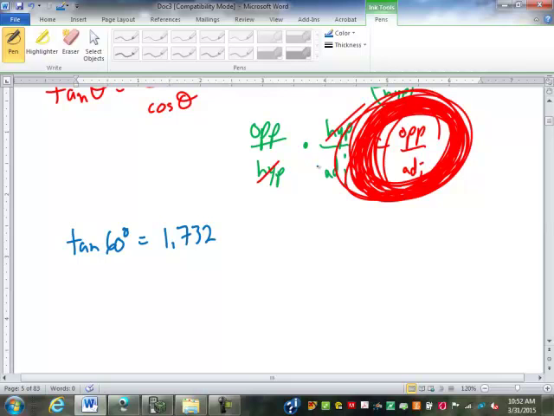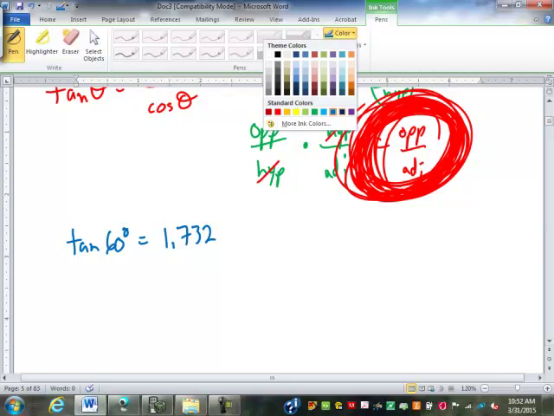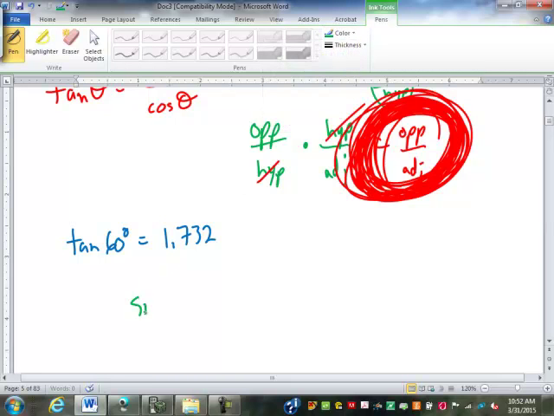Tangent of 60 degrees is 1.732. Well, what is the sine of 60 degrees? Sine of 60 is 0.866. Cosine is 0.5, right?